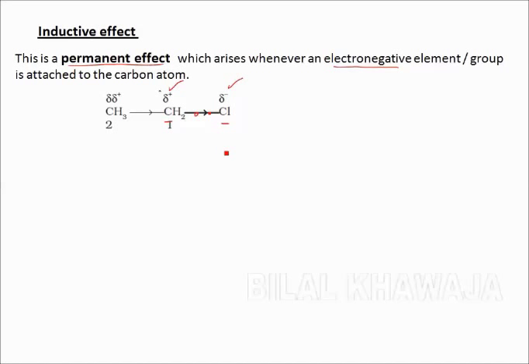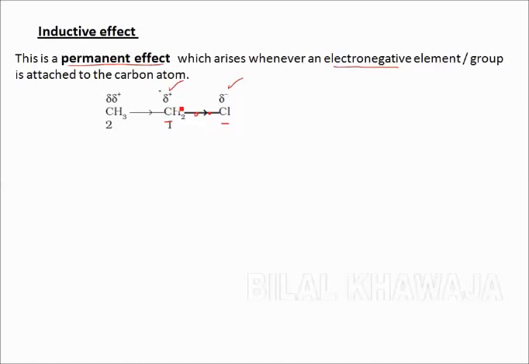These sigma electrons move from the carbon and go slightly towards the chlorine. It's not a transfer of electron from carbon to chlorine, it's a slight push. The electrons are slightly pulled by the chlorine.